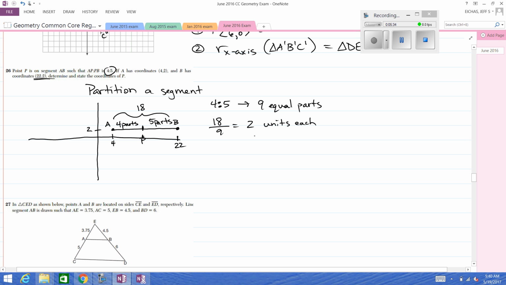We're going to go 2 each to get to each congruent part. So let's just estimate that here. That'll break it up into 4 parts. Let's try to make those about the same. That's 5 as well, right? So we're going to move 2 each.